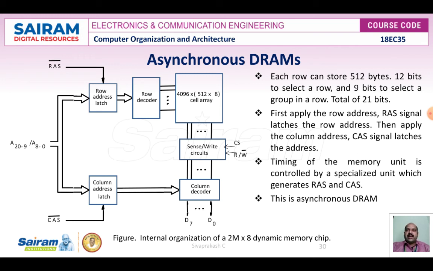Because of their high density and low cost, DRAMs are widely used in the memories of computers, and available chips range in size from 1 mega to 256 megabits, and even larger chips are being developed.